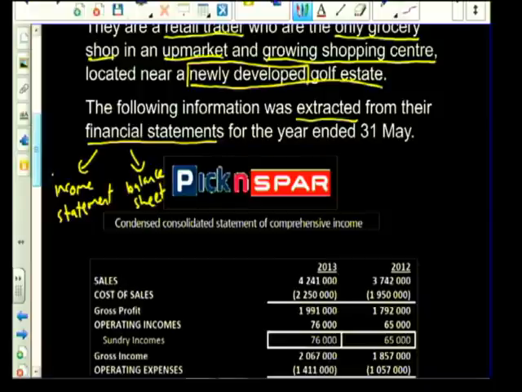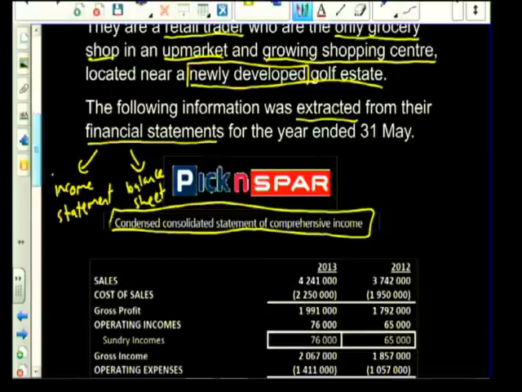Sometimes the income statement is known as the condensed consolidated statement of comprehensive income. So if you go onto the internet and want to analyze a real company to decide whether or not to invest in it or whether the company is doing well, you might sometimes see different names for the items that are familiar to you.